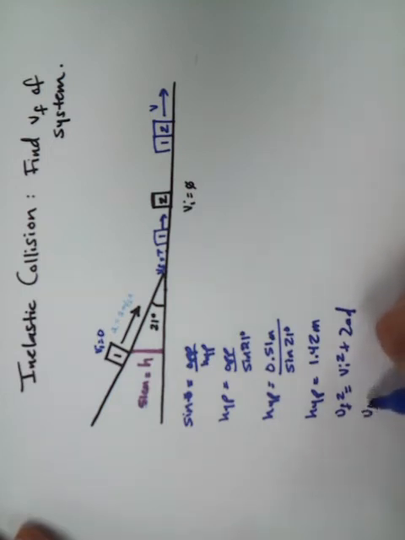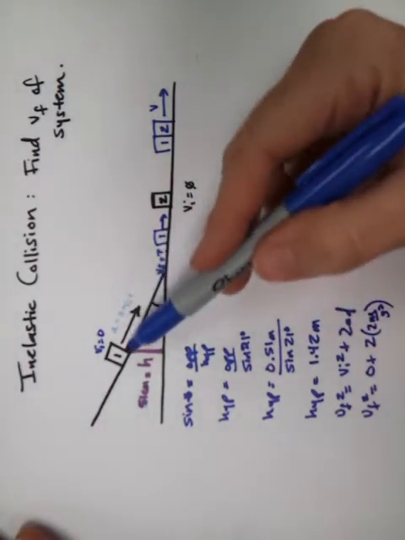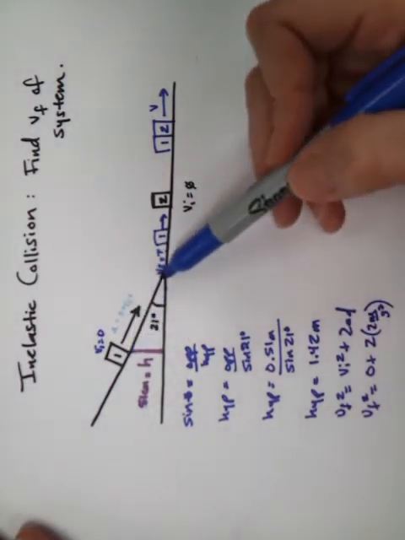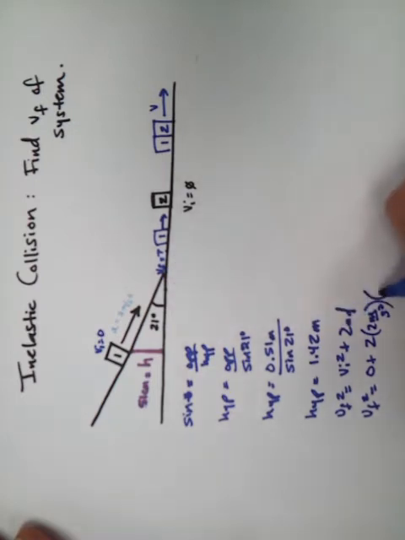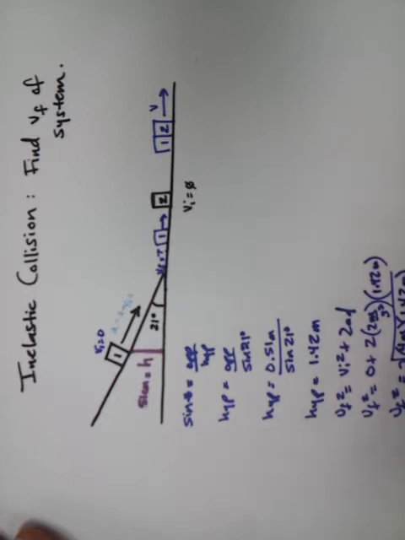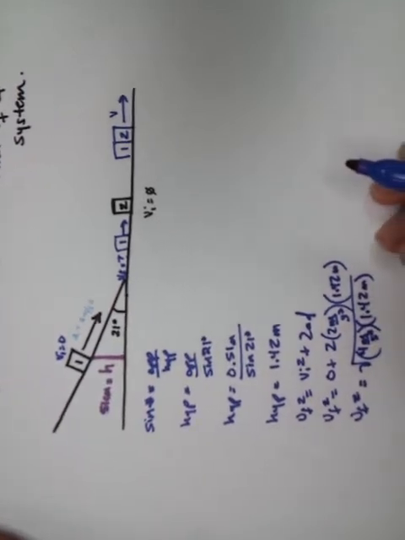So we say VF squared equals 0 plus 2 times 2 meters per second squared times the hypotenuse distance. We're talking about this distance, which is our hypotenuse, 1.42 meters. So VF squared is equal to 4 meters per second squared times 1.42 meters, and taking the square root, meters squared over second squared becomes meters per second.